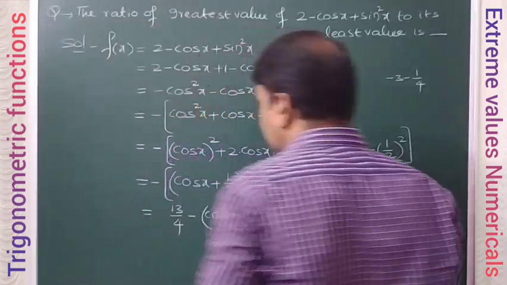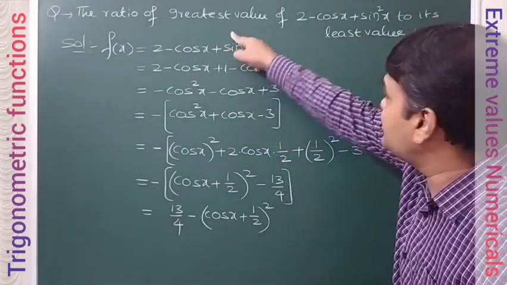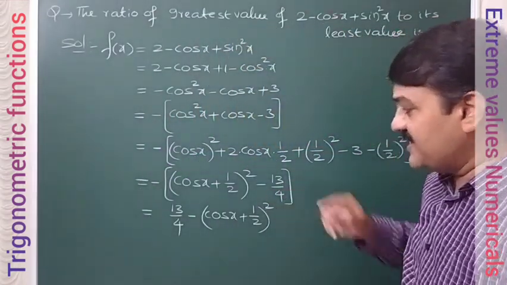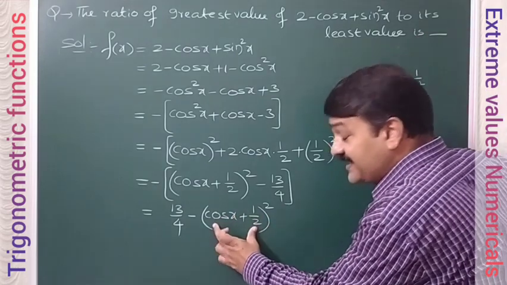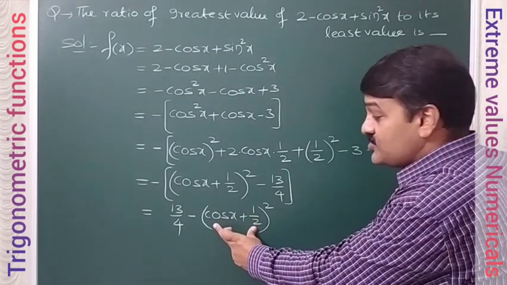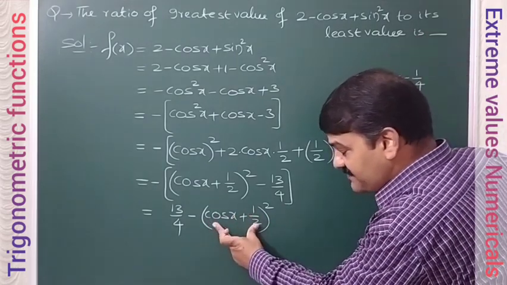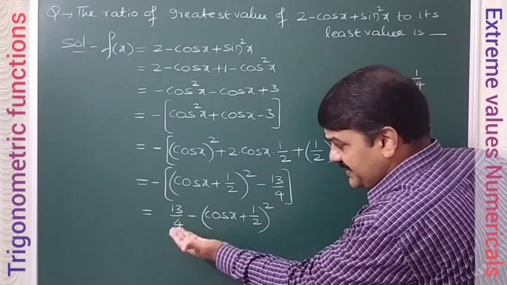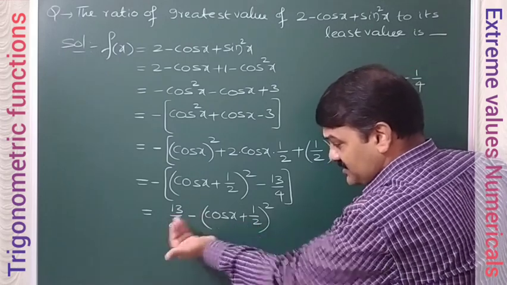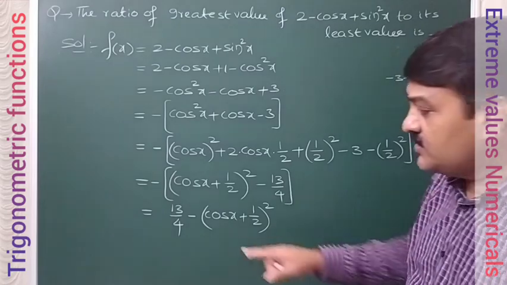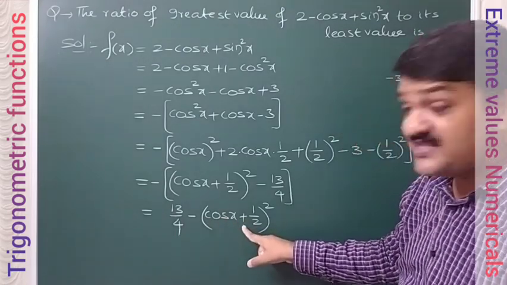Next, to find the greatest and least values of this function, we have to find the interval of this. When we know the interval, we can easily decide what is the maximum value and what is the minimum value. So 13 by 4 minus this is there.